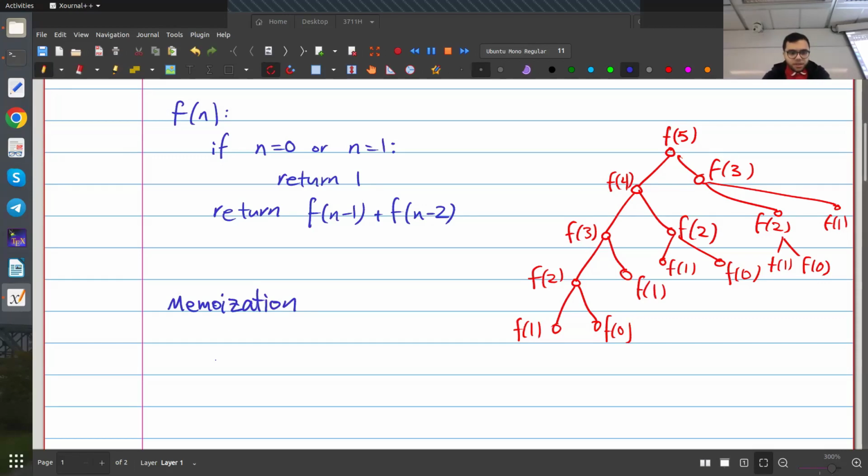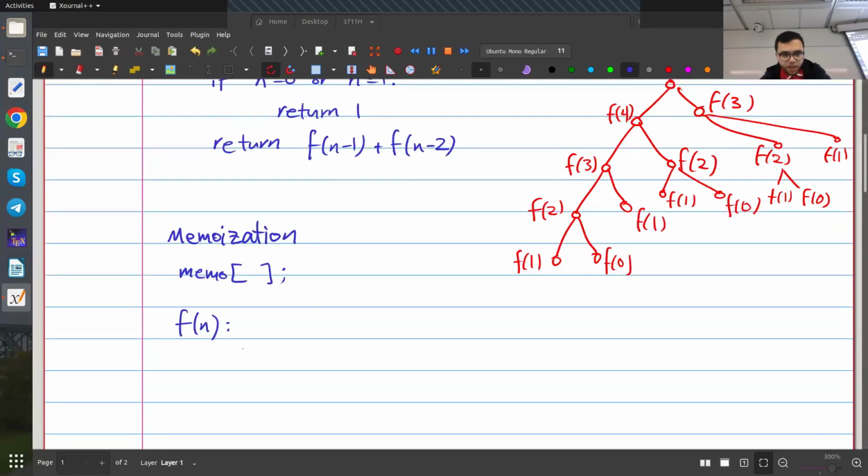Okay, so I'm just going to have some, let's say, array in this case. I'm going to have an array, let's call it memo, and let's say that it's a huge array, okay? And when I want to calculate f of n, I do exactly the same thing as before. I say if n is 0 or n is 1, return 1.